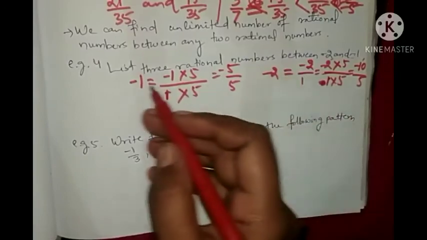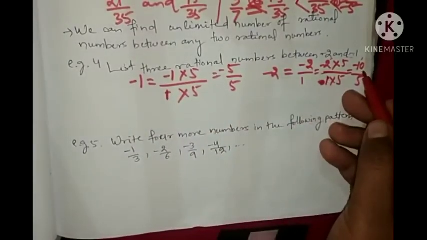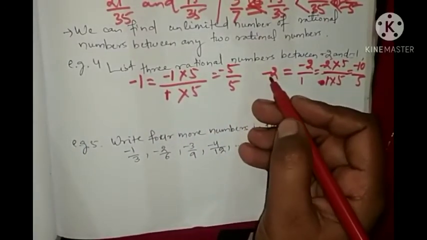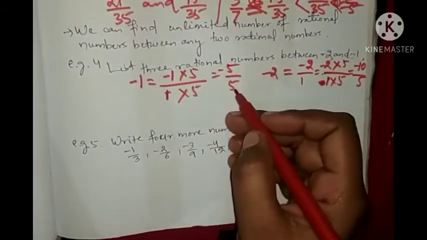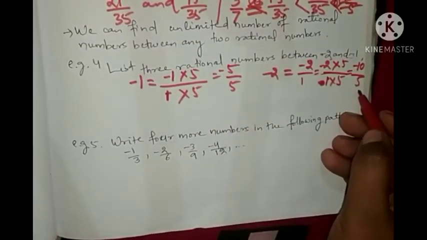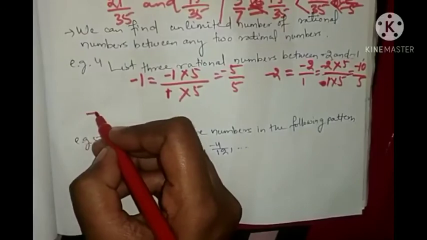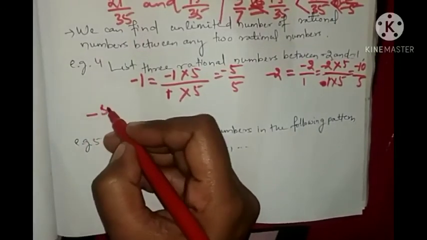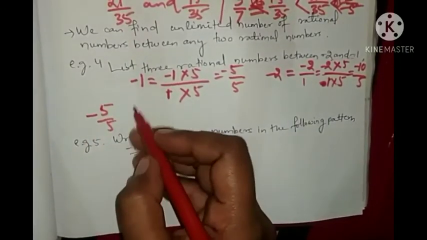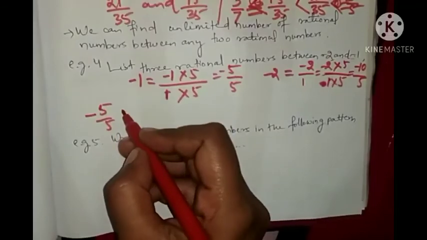Minus 1 is bigger than minus 2, so minus 5 by 5 is bigger than minus 10 by 5. So we can write it starting from minus 5 by 5.